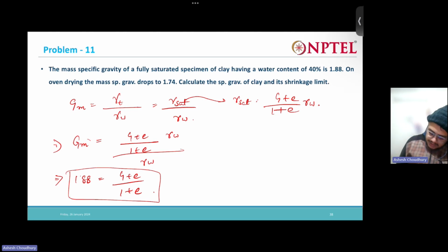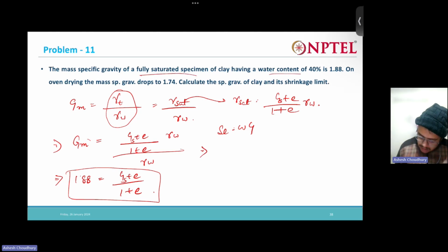This G is the specific gravity of soil solids. Mass specific gravity is different. Now this relation we got. One more relation we can get: S e is w G. At saturation S equals 1, and the fully saturated water content is 40%.